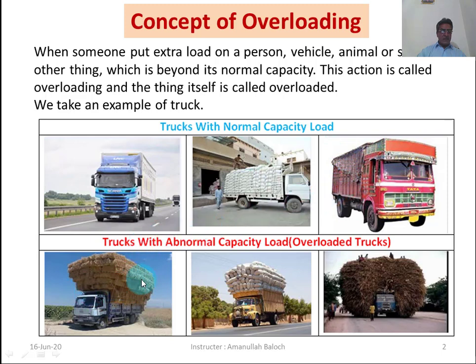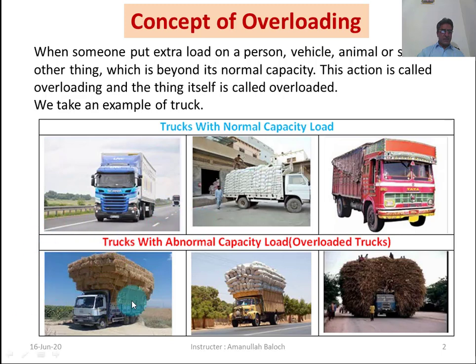While in the below row, we are looking at three pictures of trucks. The first one is an overloaded truck because it is loading more than 3 times the load of its capacity.